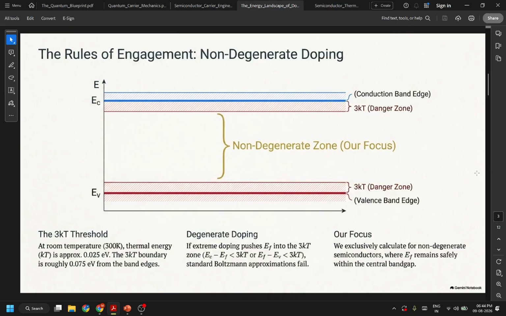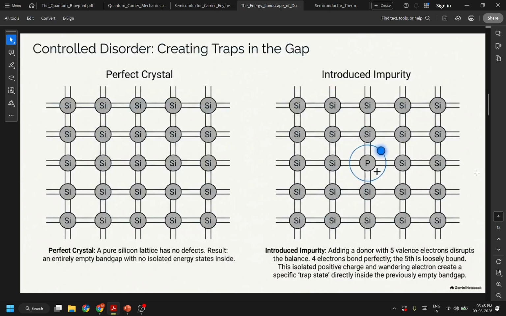So we generally do not calculate for degenerate semiconductors where the Fermi level crosses the 3 kT threshold. So now we come to traps.